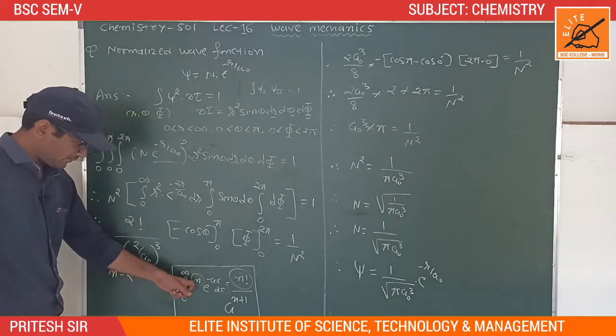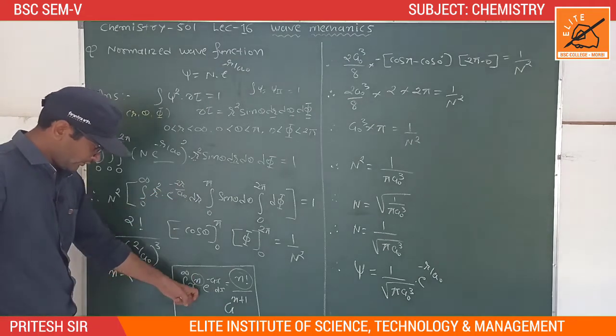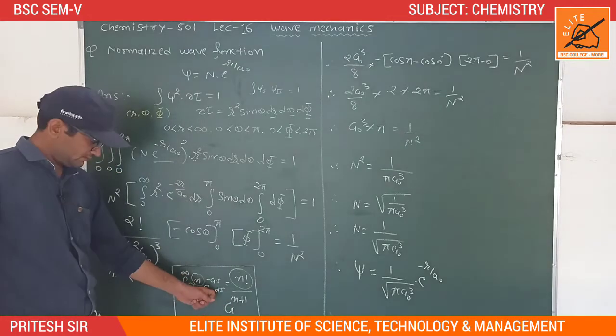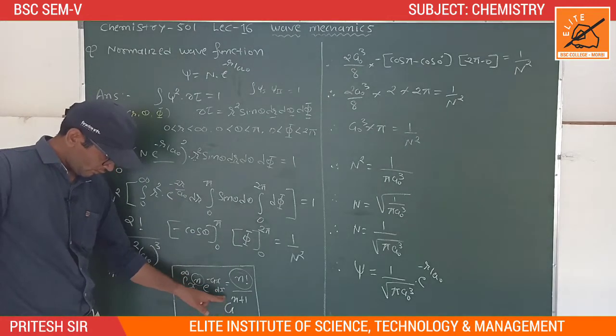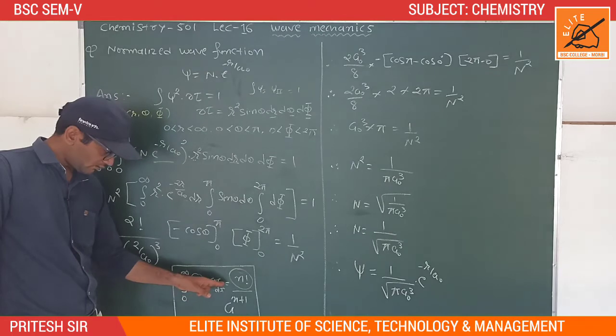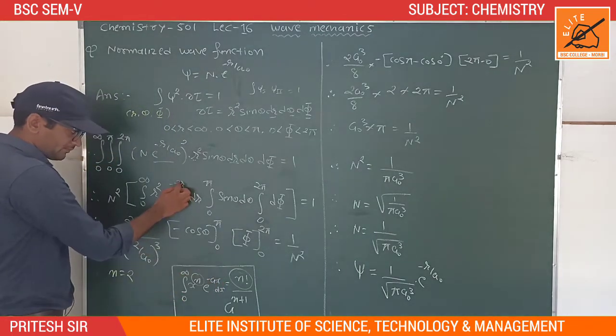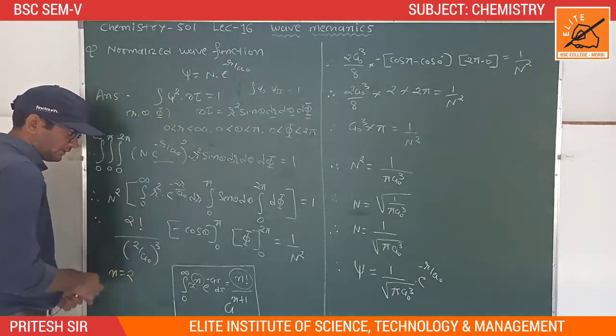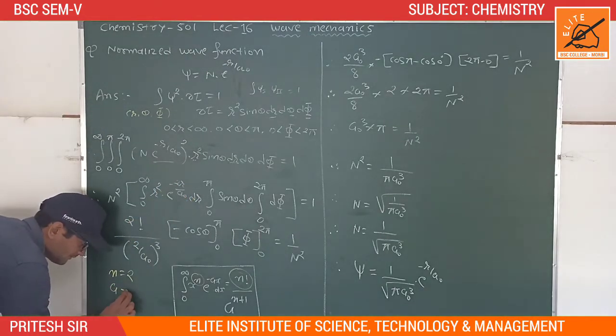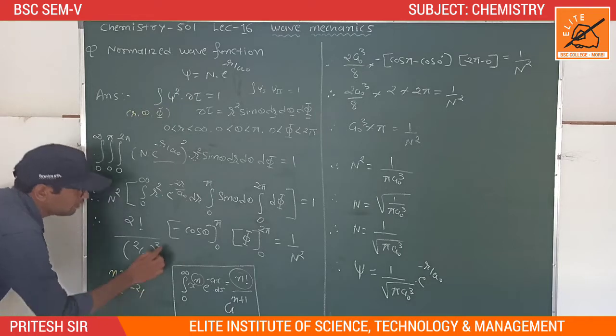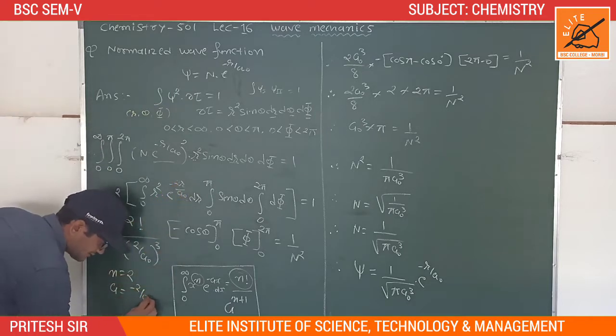The value of a is the coefficient of x, here the coefficient of r, that is minus 2 upon a0. So the value of a is equal to minus 2 upon a0 in this case.